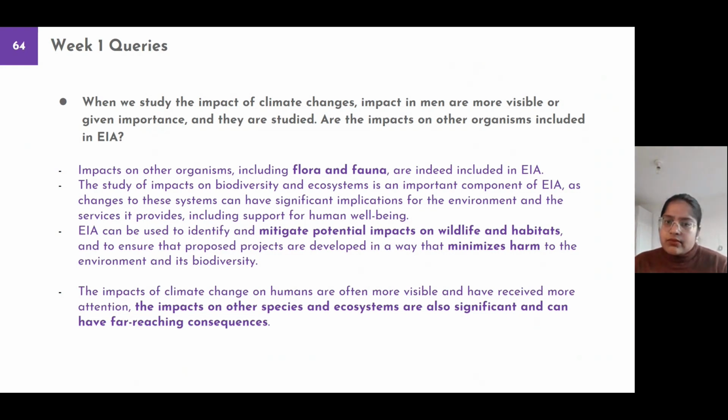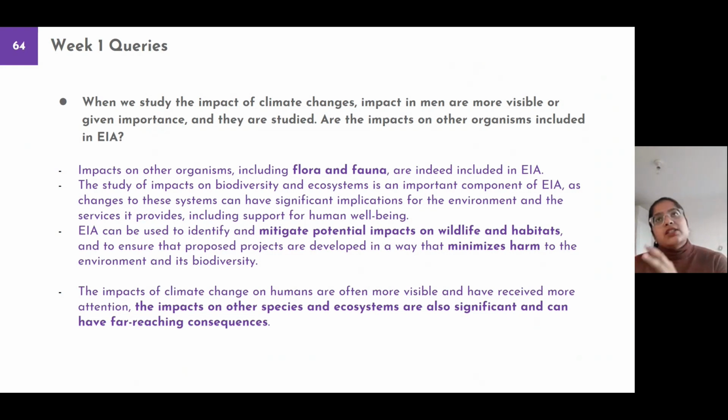Are the impacts on other organisms included in EIA? Yes, so the impacts on other organisms and ecosystems are significant and have far-reaching consequences, especially from climate change, where you can see that different species such as Arctic foxes and polar bears are moving towards warmer regions because of the changing climate and rising temperature.